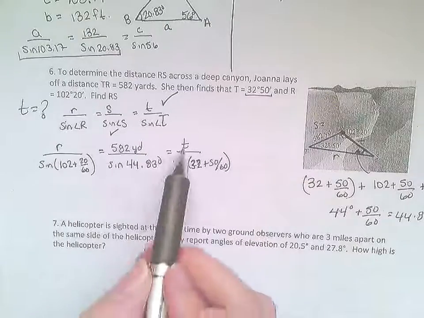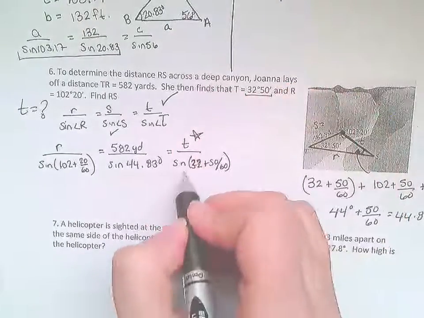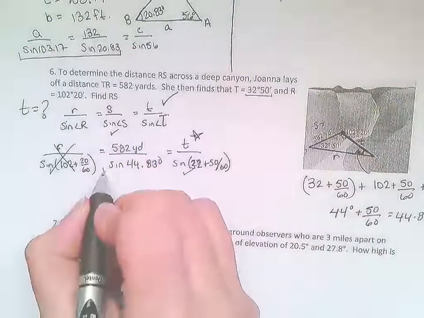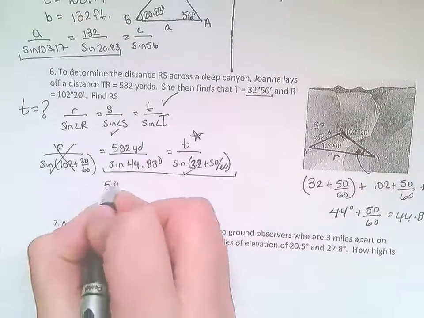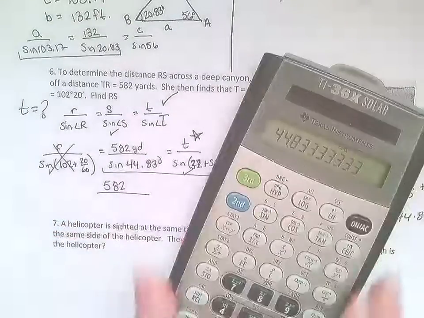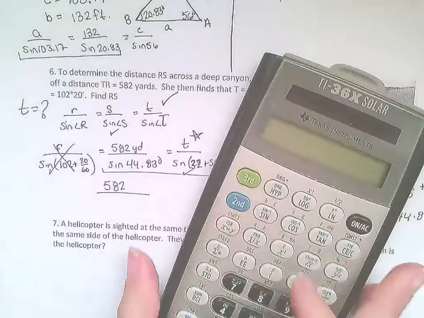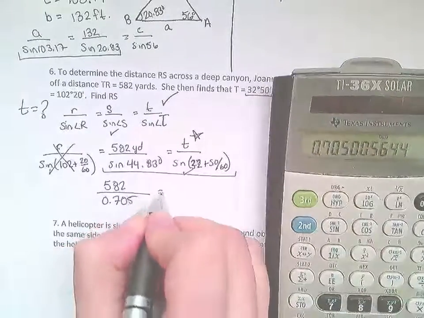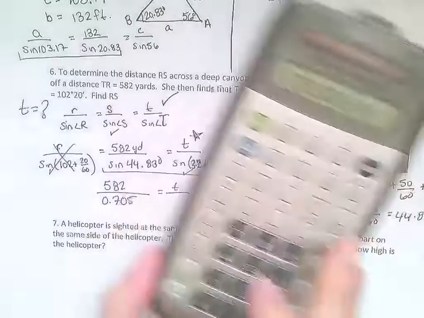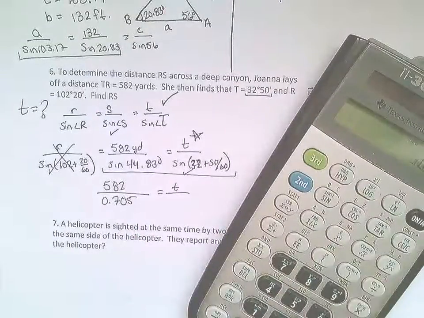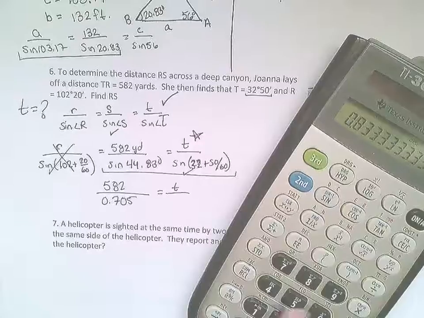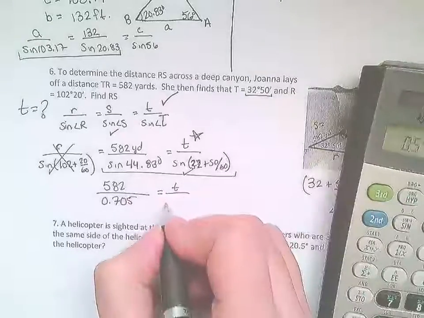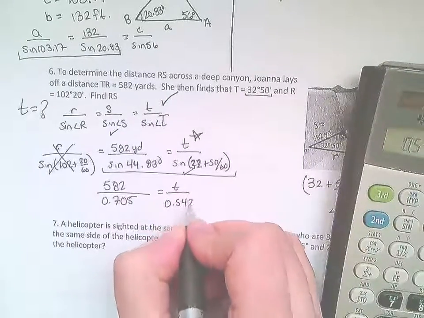Alright, because I definitely want T, I know I'm going to be using this ratio, and obviously I'm not going to be using that ratio because I have another unknown here. So I'm going to be using these two right here to solve this. And this becomes 582 over the sine of 44.83, which is 0.705, equals T over the sine of 50 divided by 60 plus 32, which is 0.542.